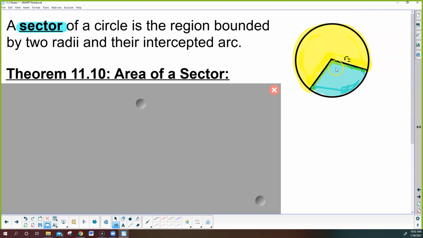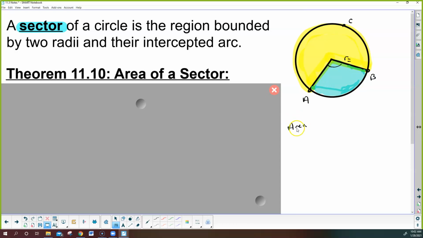We do know the radius, and we know we have a central angle. If I call this AB, maybe I'll randomly put point C here. We know the radius, we can find the central angle, which means we can find the arc measure.